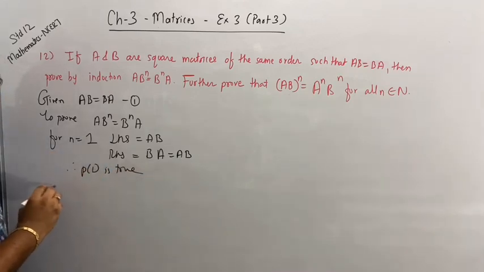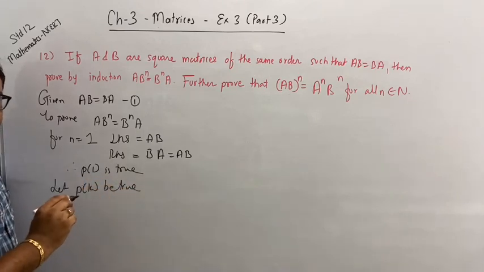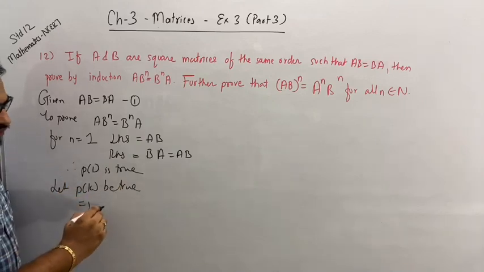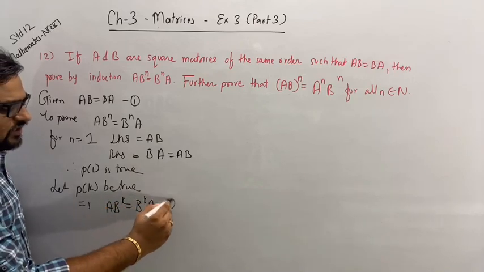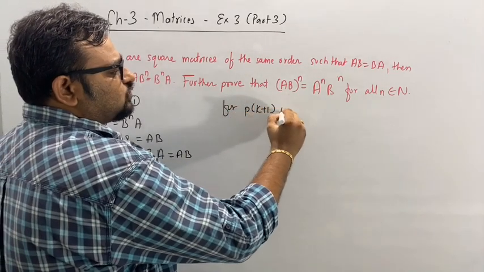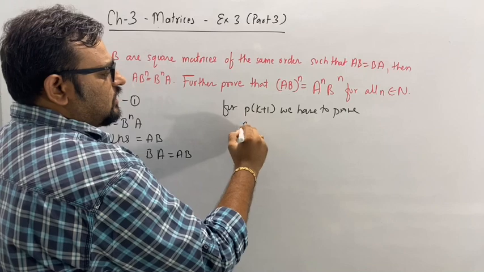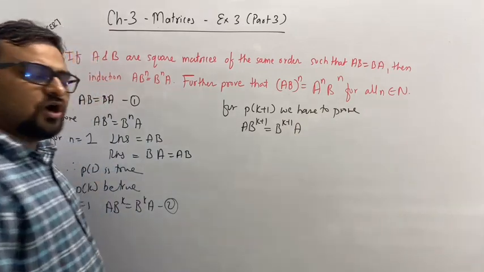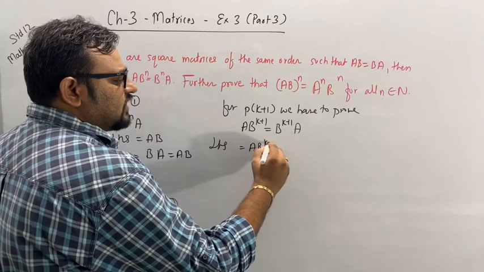So this is AB. Therefore, P of 1 is true. Clear? Now, let P of K be true. We have done the first three sums of this exercise using the principle of mathematical induction. That implies AB raised to K is equal to B raised to K into A. Now, for P of K plus 1, we have to prove AB raised to K plus 1 equal to B raised to K plus 1 into A. So let's take the LHS, AB raised to K plus 1.